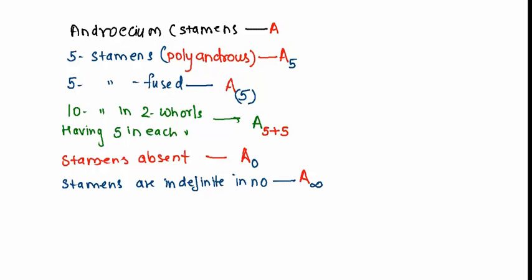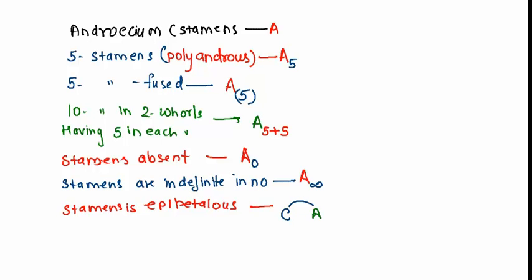But if the stamen is epipetalous, the position of the stamen is epipetalous, then in such a condition it is represented as C for petals, A for androecium, having an upward arrow.